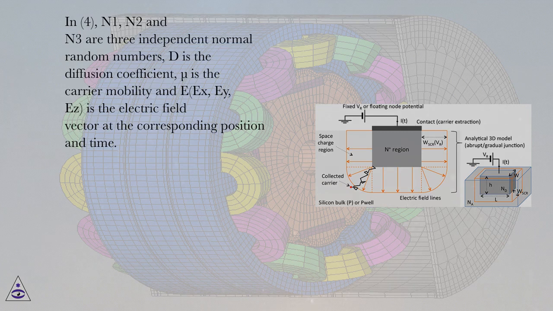N1, N2 and N3 are three independent normal random numbers, D is the diffusion coefficient, mu is the carrier mobility, and Ex, Ey, Ez, is the electric field vector at the corresponding position and time.